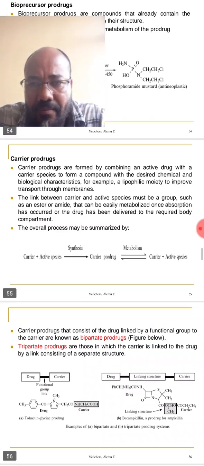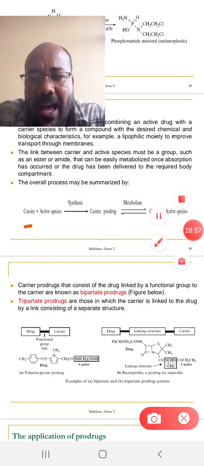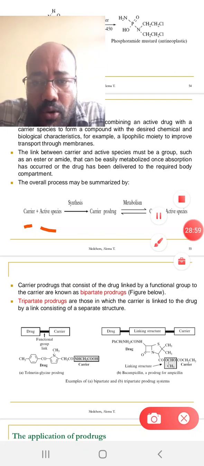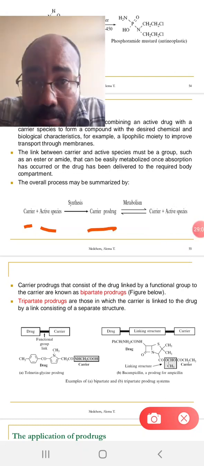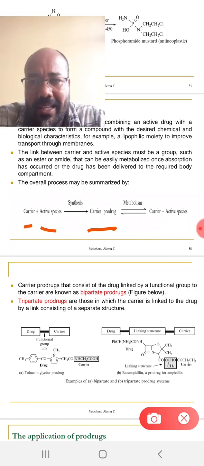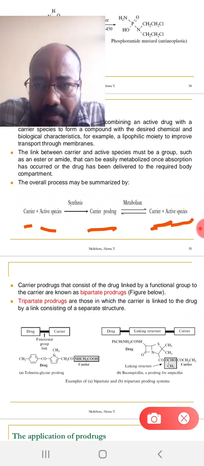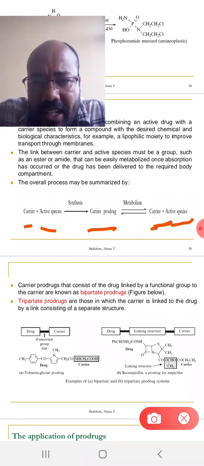Here we have an example. Carrier plus active species will produce a carrier product. This carrier product, after administration, can undergo metabolism to furnish the carrier and the active species. The active species will act on the site of action, but the carrier can be eliminated or excreted.